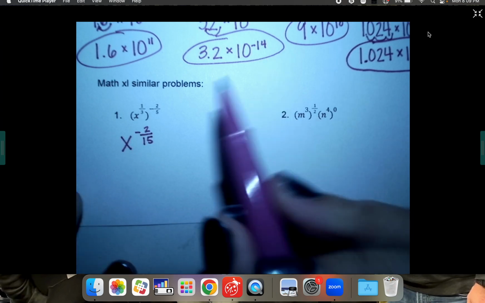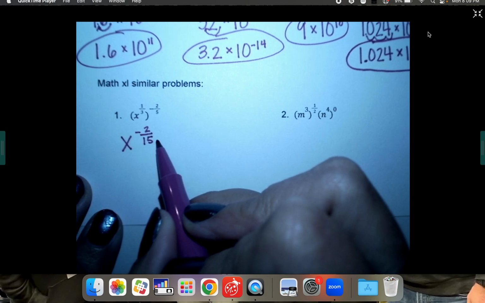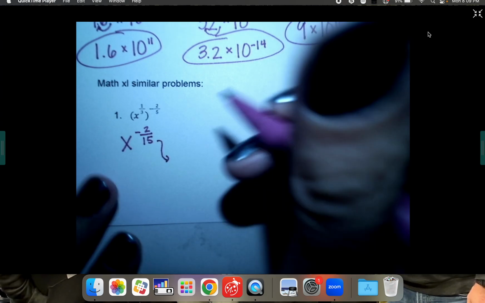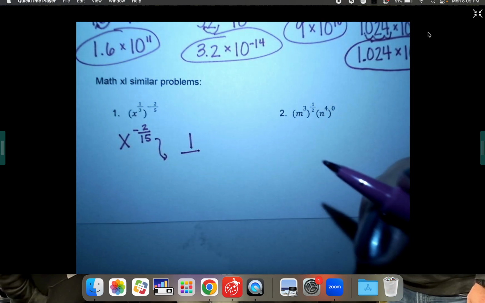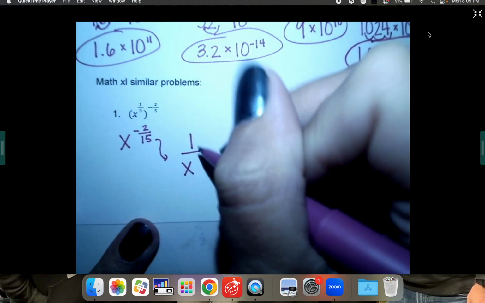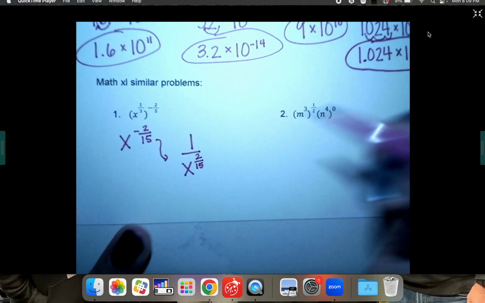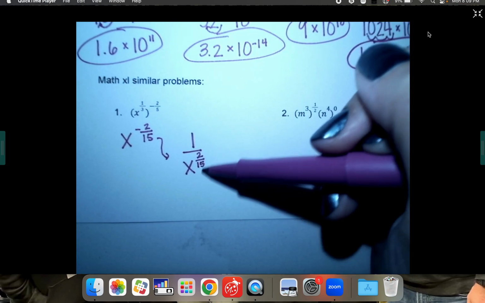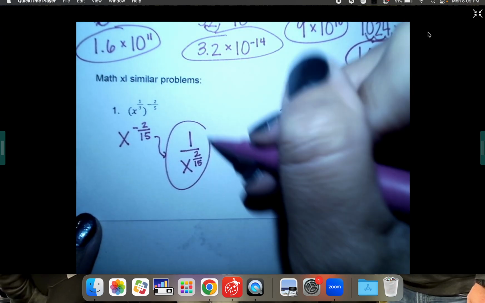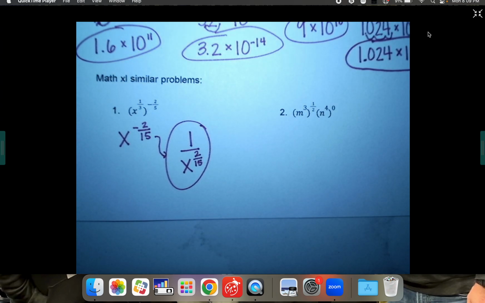So the whole thing's going to flip to the bottom under a 1. So this looks weird, but you're going to have a 1 over now an x to the positive 2/15. So you've got like a fraction within a fraction, but that's okay. That is actually the answer that they want you to do.